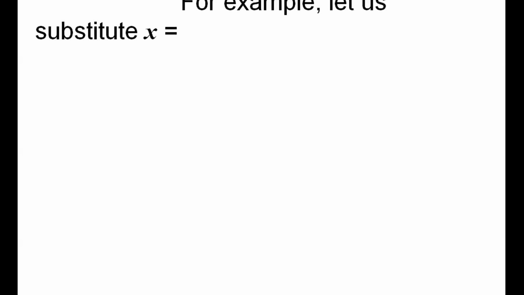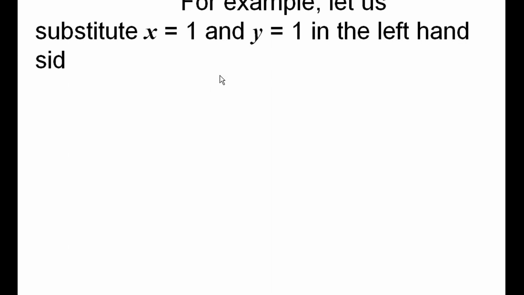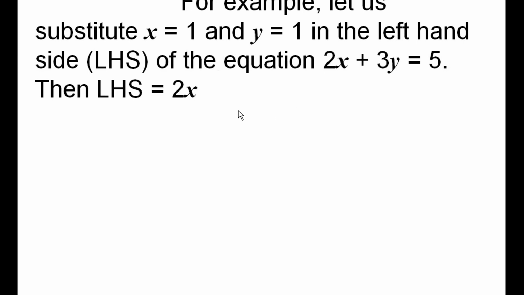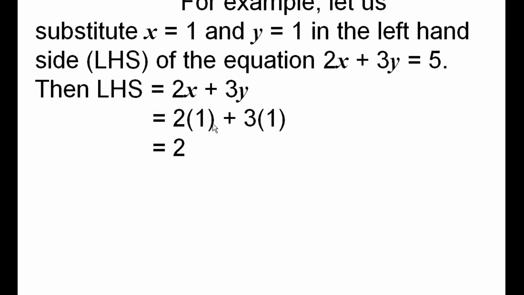For example, let us substitute x equals to 1 and y equals to 1 in the left side of the equation 2x plus 3y equals to 5. So the left side is 2x plus 3y, x equals to 1 you have substituted, y equals to 1 you have substituted.